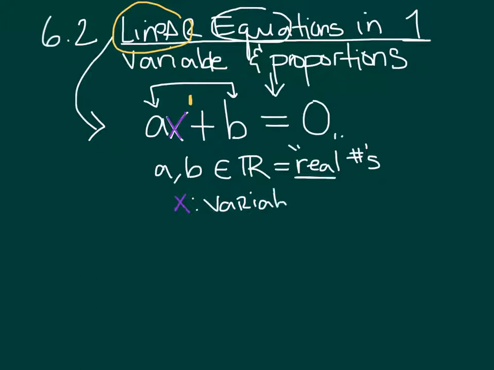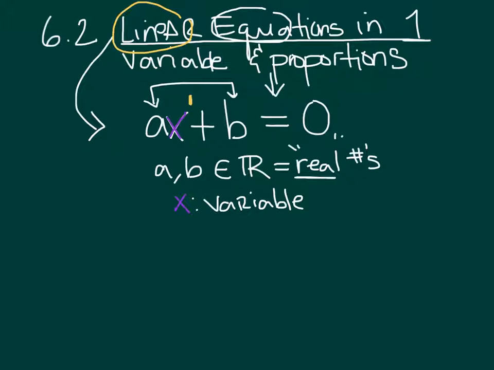That's what you want to solve for. And again, linear means that the highest exponent of the variable is 1. Later on, we're going to see that our exponents are going to be 2 or 3 or 4 and so forth. The higher the power, the more difficult it is to solve the equation. So this is what a linear equation in one variable is.